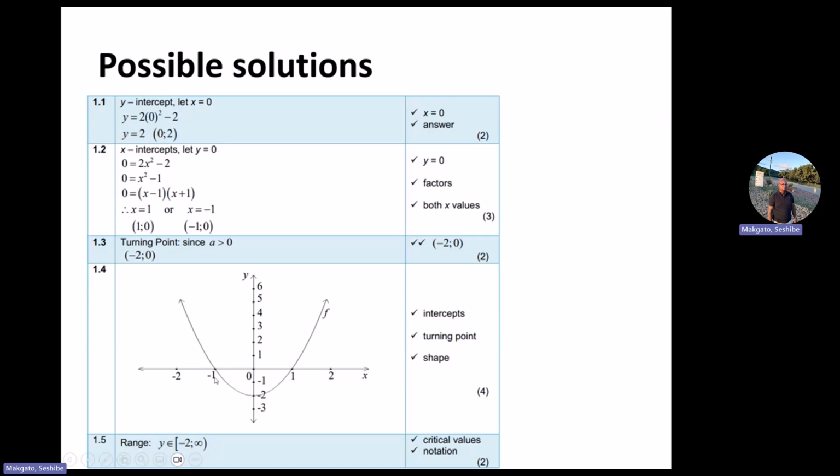So this is where it is in plotting, because passing here minus 1 and 1 and negative 2, that is where your x-intercept is. So your range is normally equal to negative of your y-intercept and up to infinity.